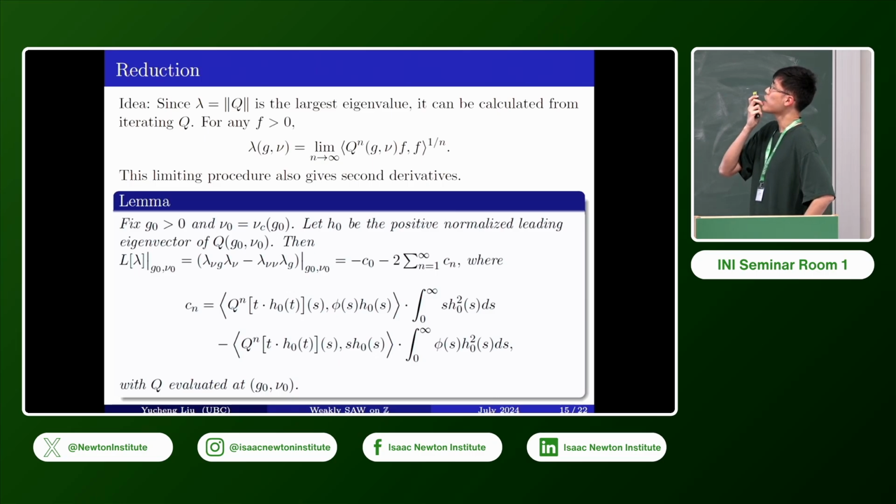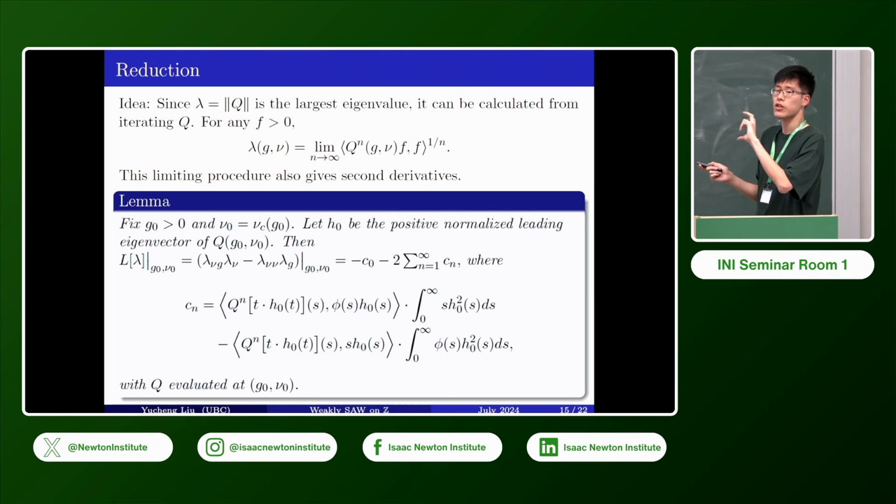And I have a lemma that says that we can also do that to the second derivatives. The result is that if we pick the f to be the leading normalized positive eigenvector of my operator q, then I can differentiate this to the second derivatives.